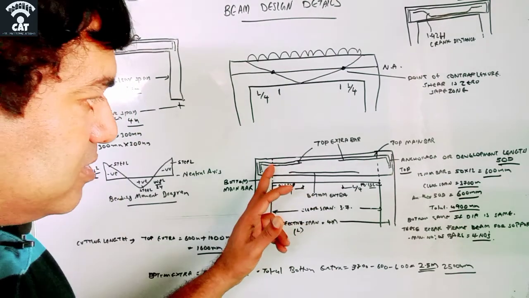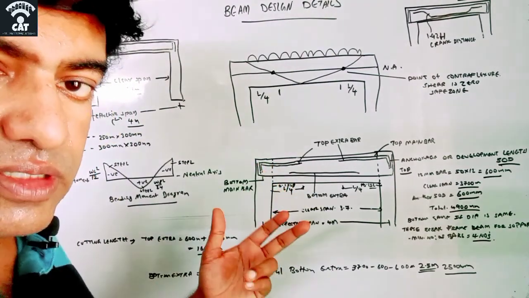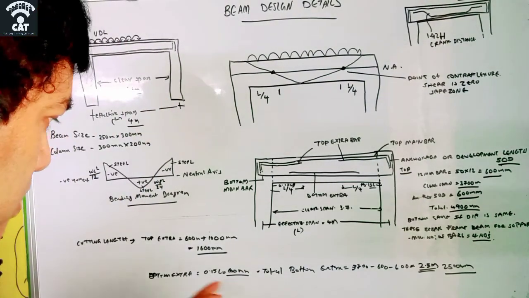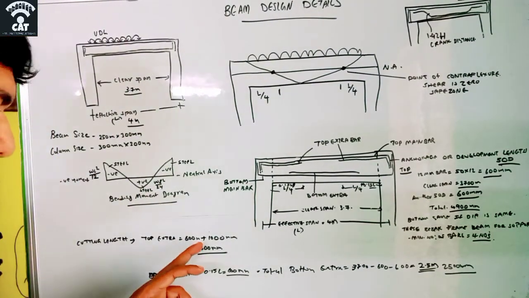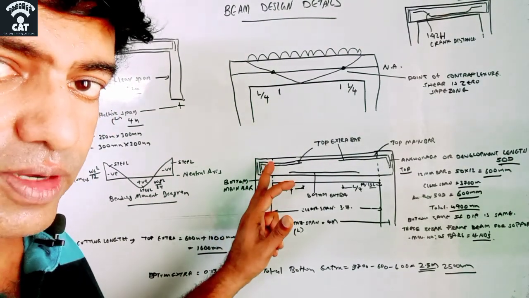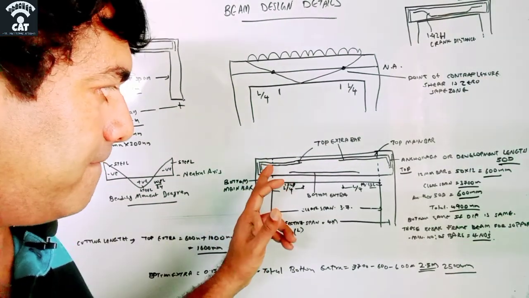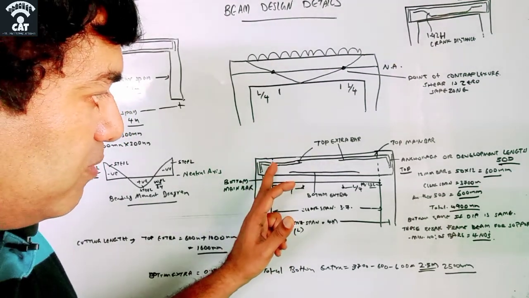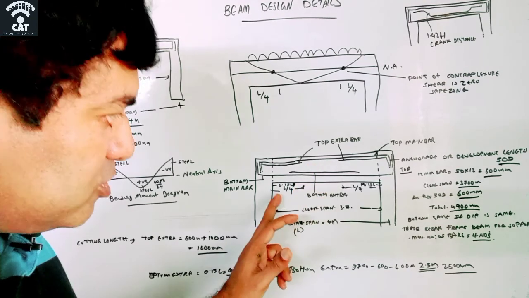Here also the anchorage is the same. If D is 12, then 12 into 50, so that we know the cutting length of that is 600 mm. So this part is the same, 50D. Okay, 50 into D, the length at this particular area, plus we need to know from this point to this point, which is L by 4.